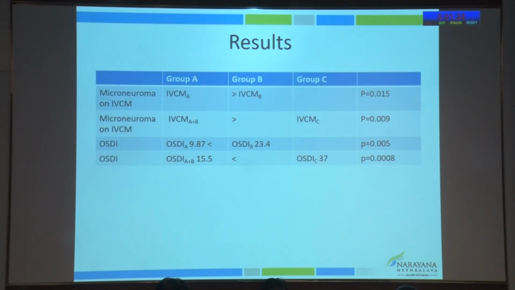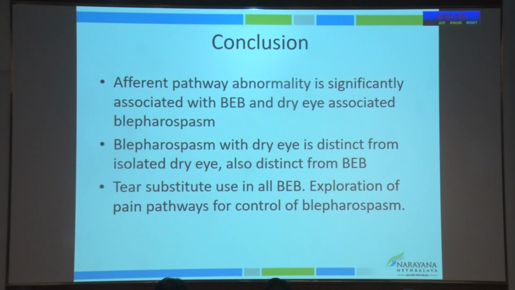Microneuromas were more in group A compared to group B. Microneuromas were more in the blepharospasm group compared to the pure dry eye group. Ocular surface disease index discomfort index was less in group A, but combined A and B were again less than group C. So afferent pathway abnormality was associated with BEB and dry eye associated blepharospasm.